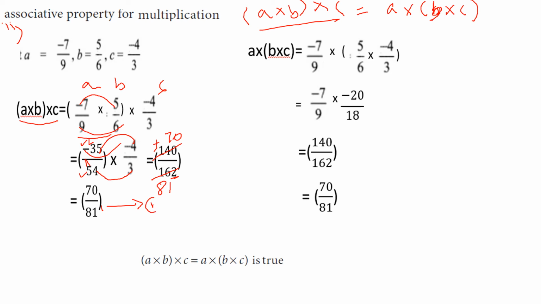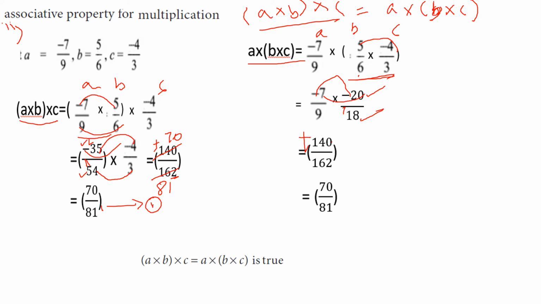You write it as 1. Next the RHS side: you see A into bracket of B into C. Substitute the A, B, C values. Inside the bracket 5 into minus 4, minus 20. 6 3s are 18... 9 8s are 72. Again 7 into 20, 140, minus into minus is plus. 9 1s are 9 plus 7, 16, 162.